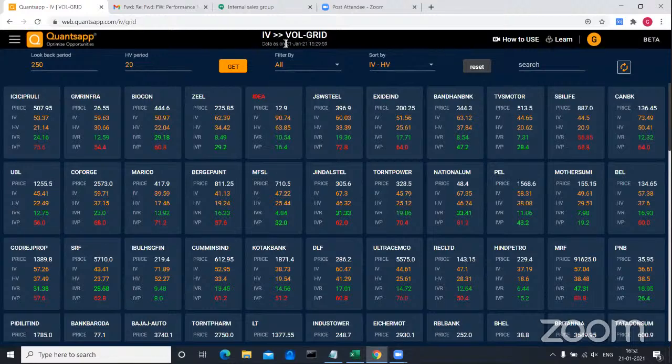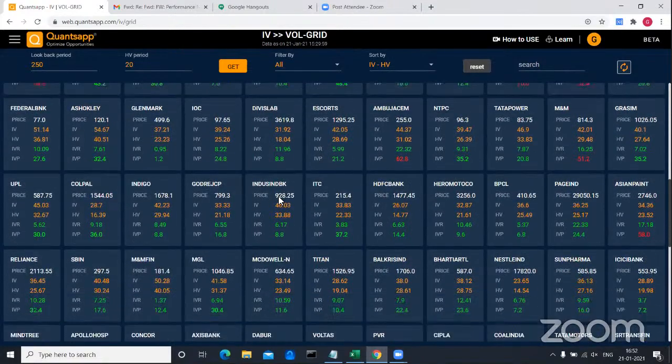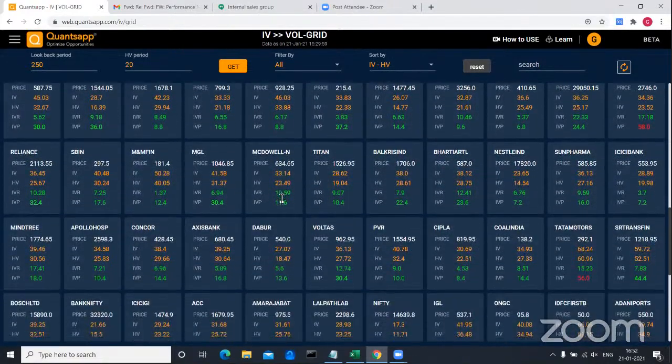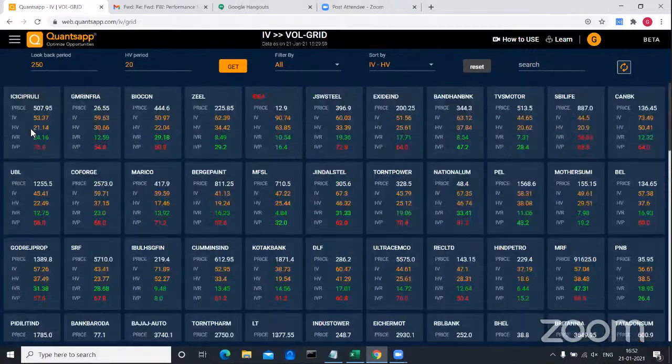So this is the IV grid part. This is one tool, the IV grid, in which you can see the volatility grid. Here you can see for any FNO stock the current IV, historical IV, IVP, and IVR. The historical volatility here is based on 20 days.